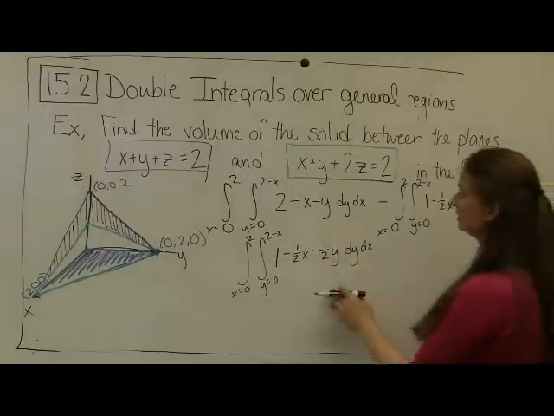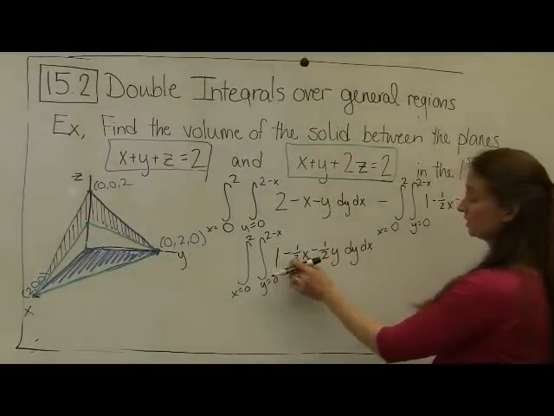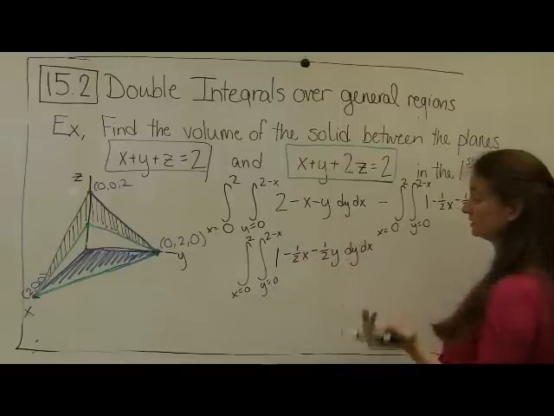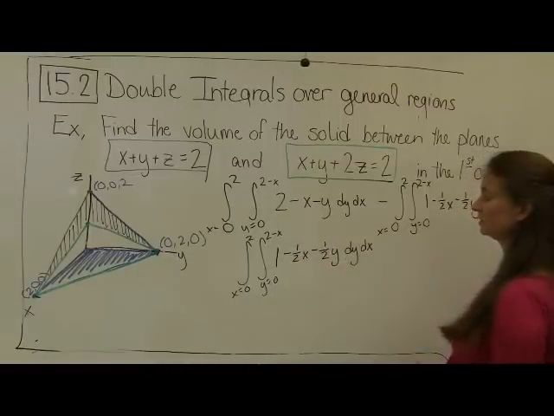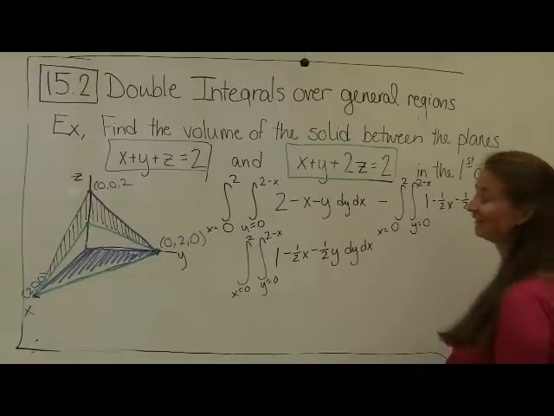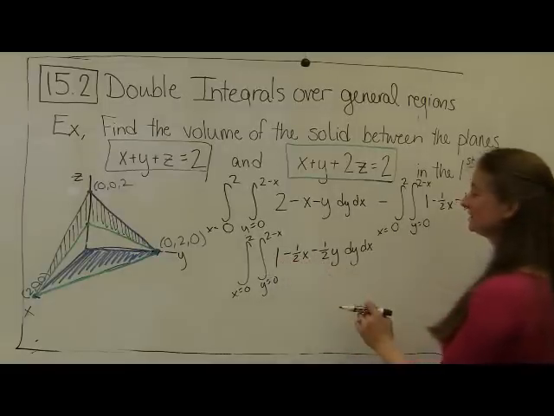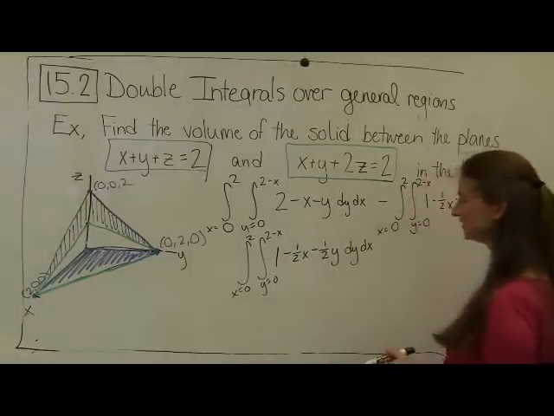So now I just have to integrate. When I integrate with respect to y, I treat these two terms as constants, and so I'm going to add a y term to each of those.